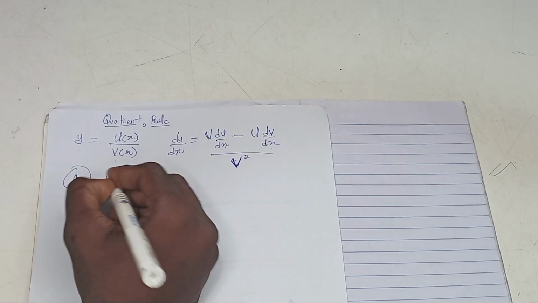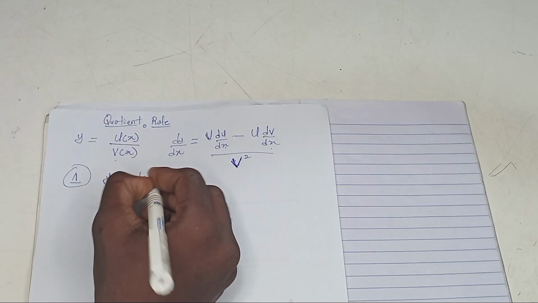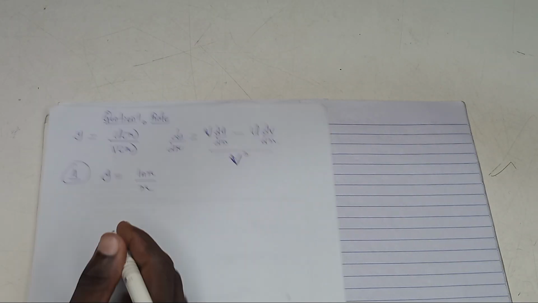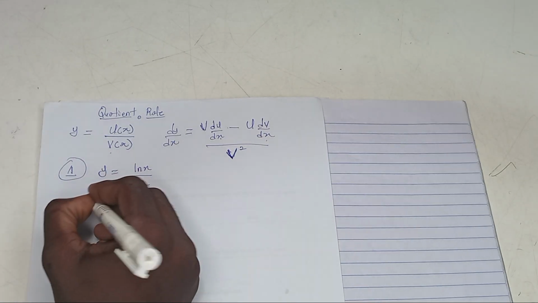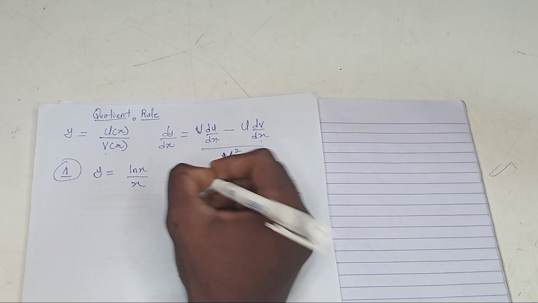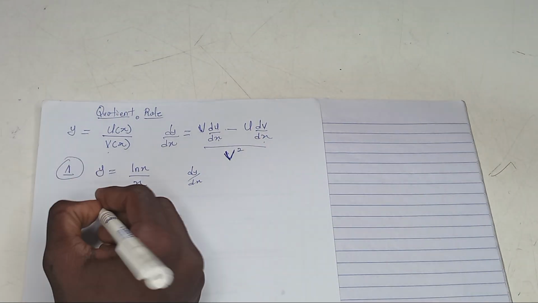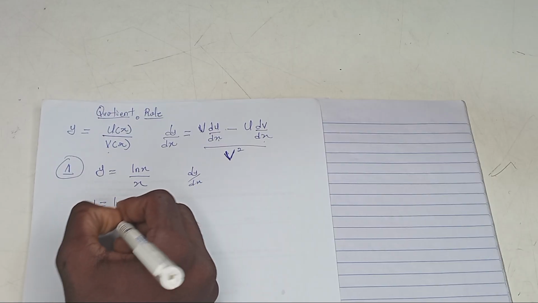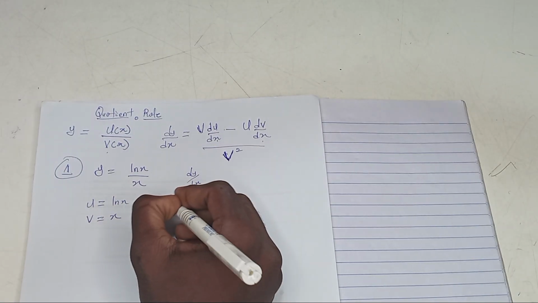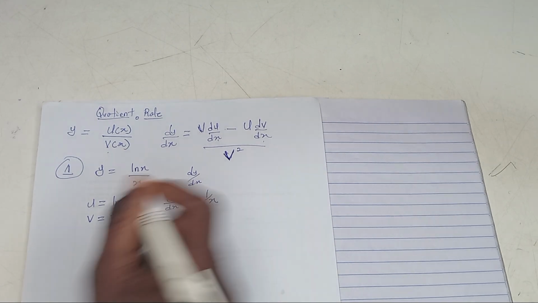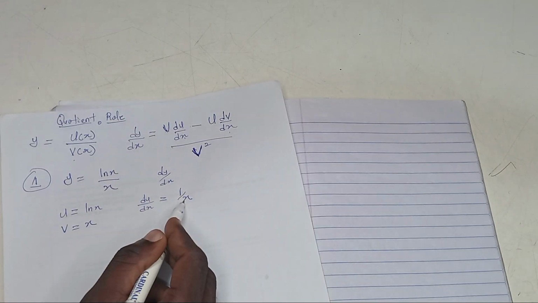Given that y is equal to ln x over x, find dy dx. So we say let u is equal to ln x and v is equal to x. So du dx is equal to 1 over x, since the differentiation of ln x is 1 over x.